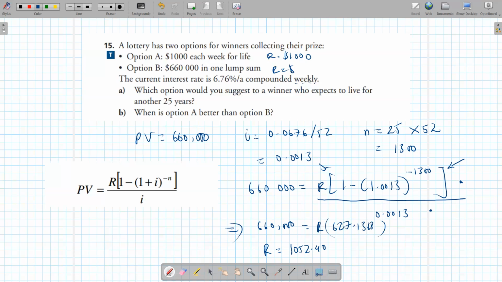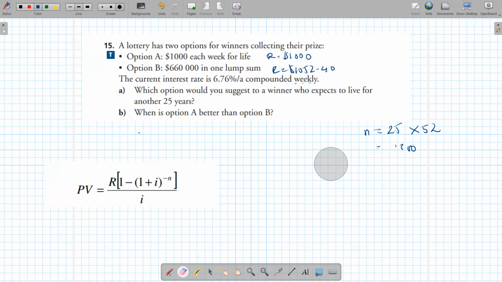So which is better, first option or second option? The second option. When is option A better than option B? If you live longer.